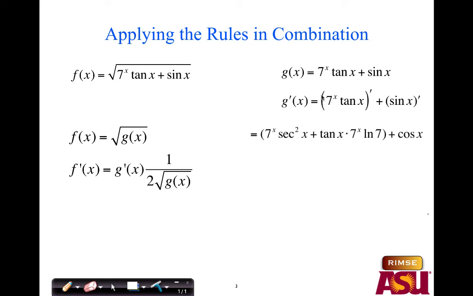So 7 to the x times the derivative of tangent of x, 7 to the x secant squared of x, plus, the other way around, the derivative of 7 to the x and tangent's original form, multiplied together. So here's the derivative of 7 to the x and tangent as it originally was. And then outside these parentheses, here's all of product rule plus the derivative of sine of x, cosine of x.